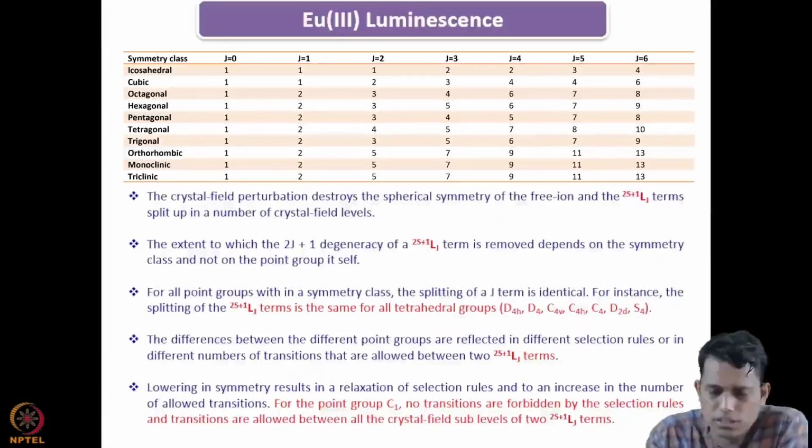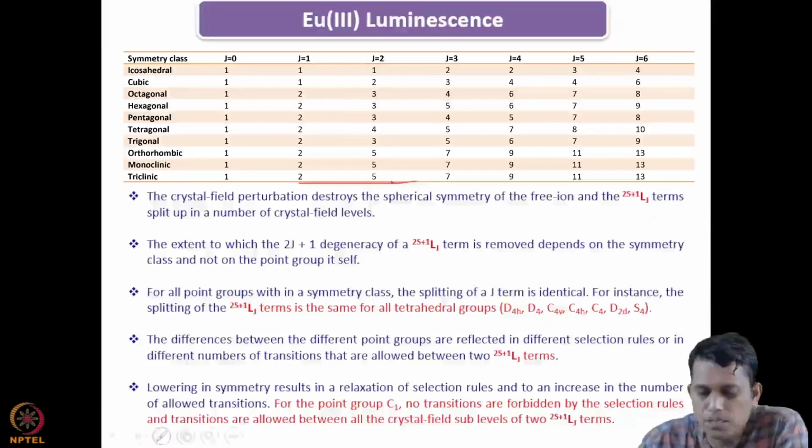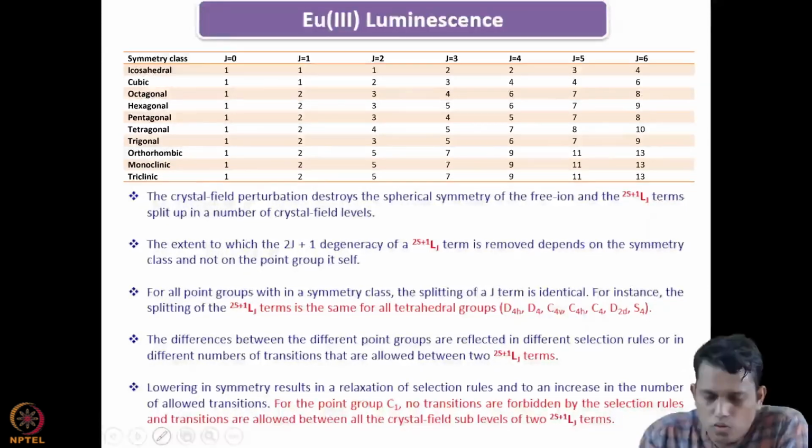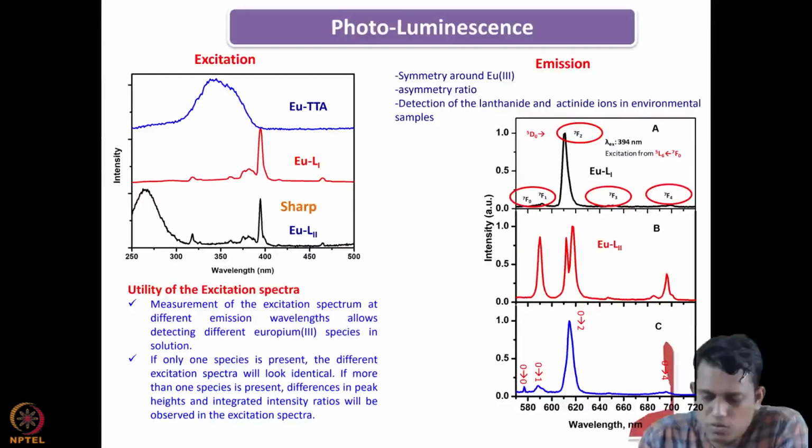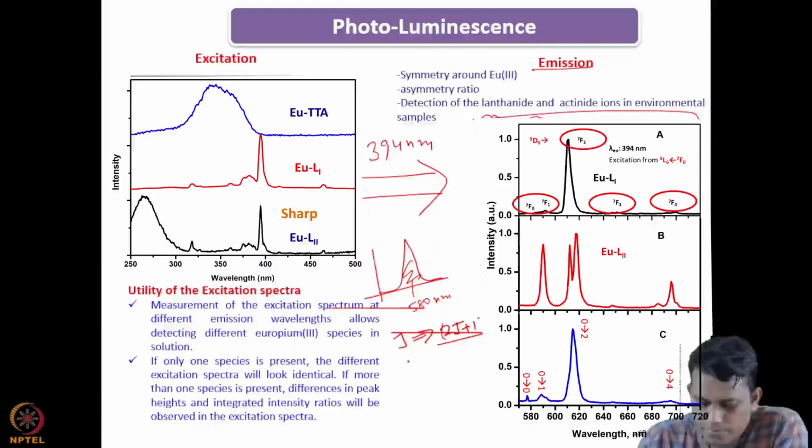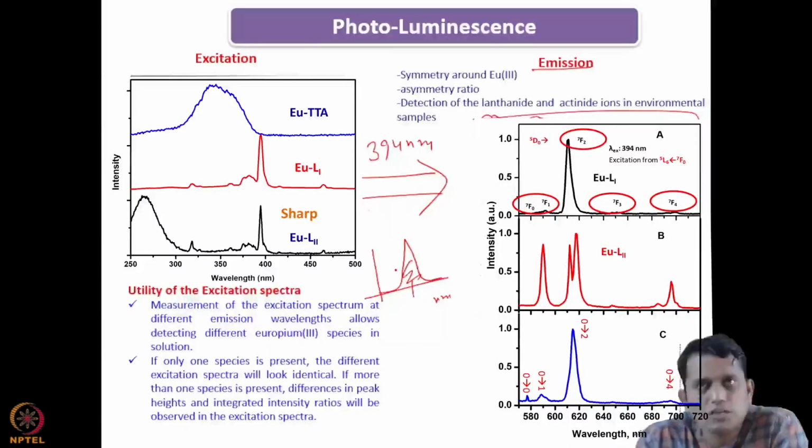Depending on the symmetry, the J level can split into a maximum of 2J plus 1. But when we talk about the 0-0 transition, what is the J value? J is 0, so your 2J plus 1 will be 1. So even in symmetries of different environments, this transition cannot split.